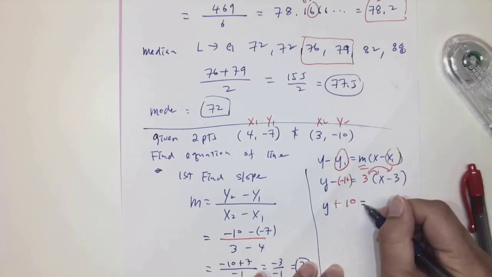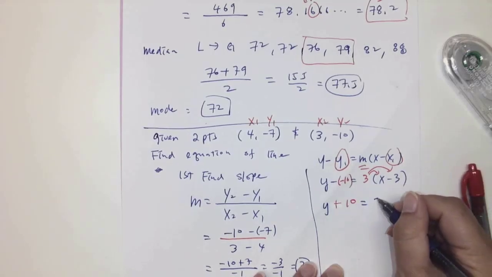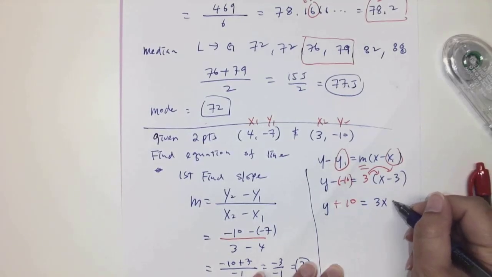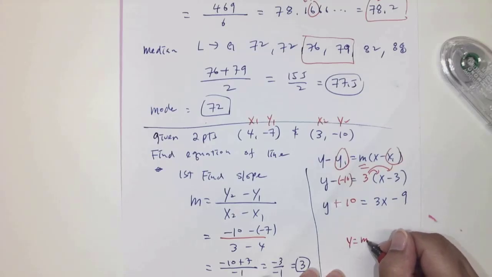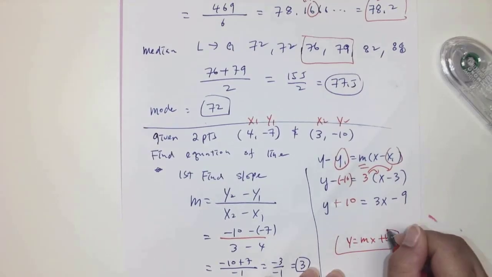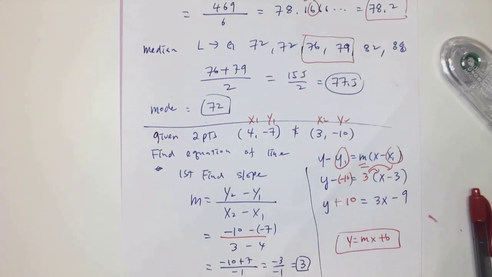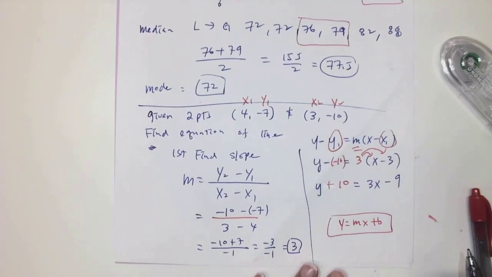We're going to get... One more step. The answer needs to be y equal to mx plus b. So I need to move one more thing. Y by itself.